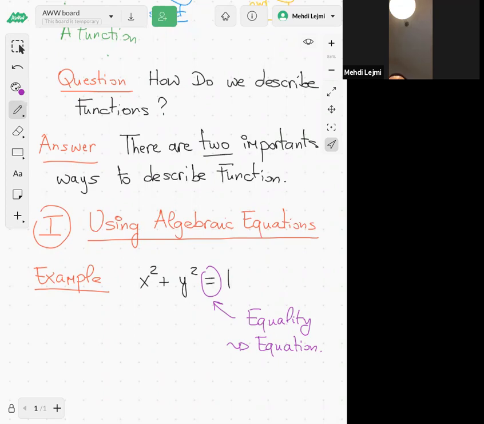Now, here we have these two letters, x and y, so they are variables.